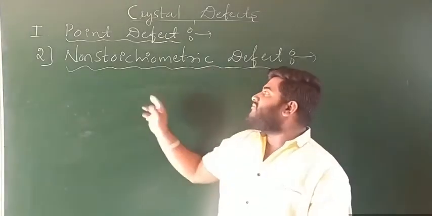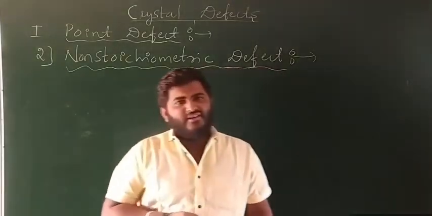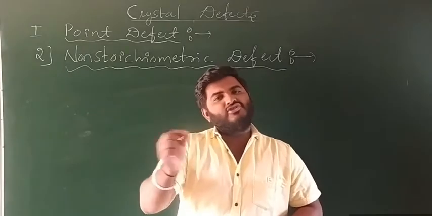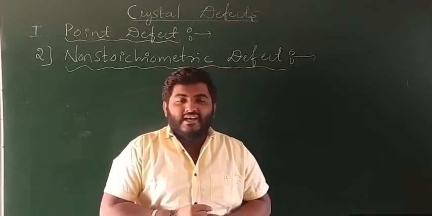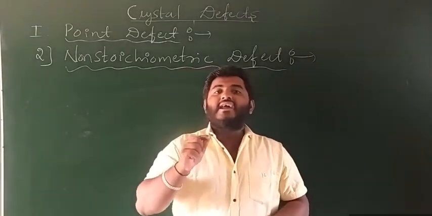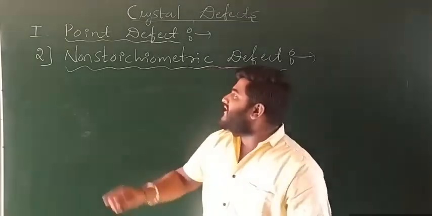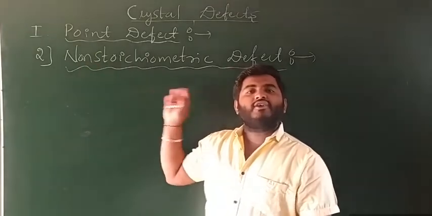Okay, starting from non-stoichiometric defect. Look at the name, non-stoichiometry. Stoichiometry means composition of the crystal. In stoichiometric defect, the composition of the crystalline solid remains unchanged, right? But here, look at the name, non-stoichiometric.